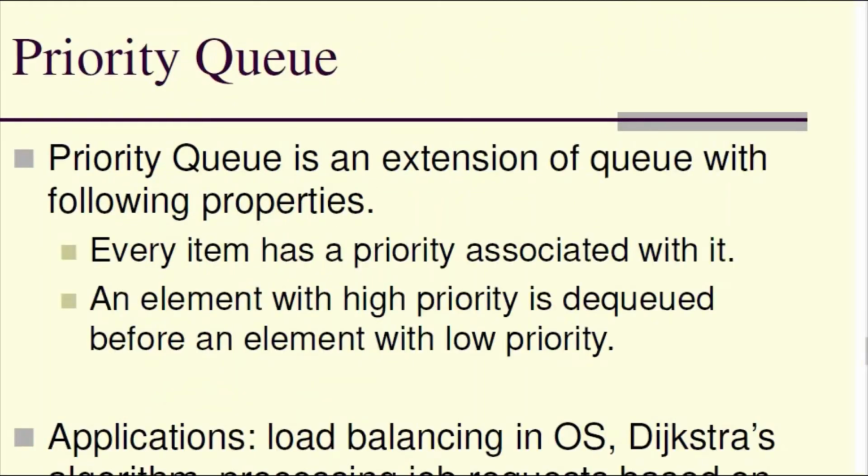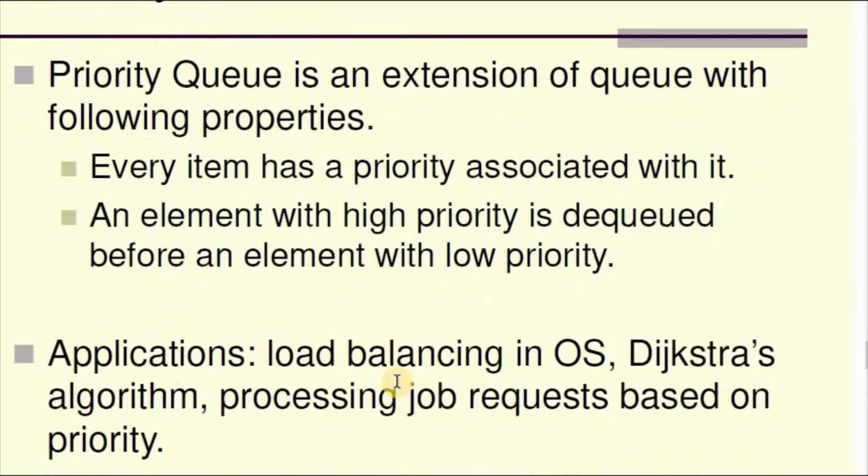A special type of queue is a priority queue, and a priority queue is an extension of the queue which has the following properties. Every item in a priority queue has a priority associated with it. So an element with a high priority is dequeued before an element with low priority.